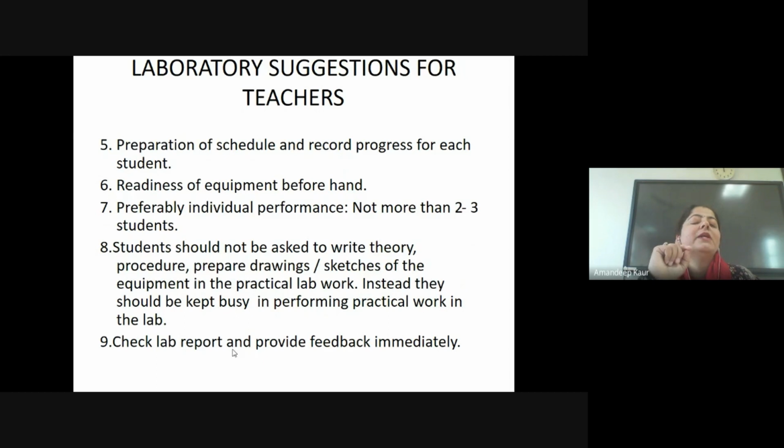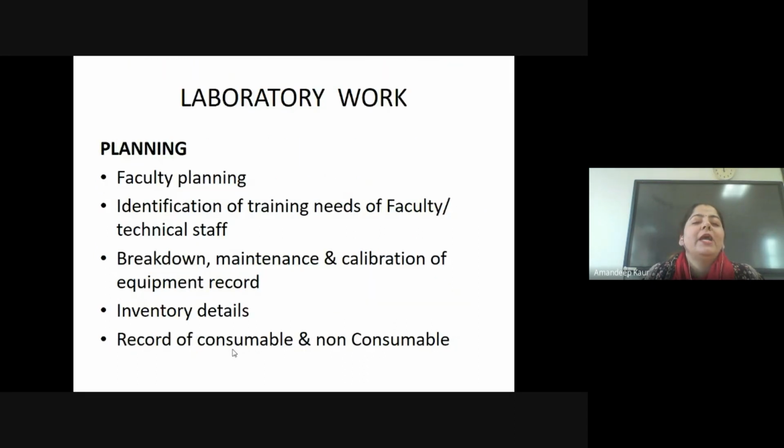Rather, this time can be used for the development of the skill instead of writing that activity. The teacher, on a continuous basis, must check the laboratory report and provide immediate feedback to the student so that the student can improve the quality of the work produced.